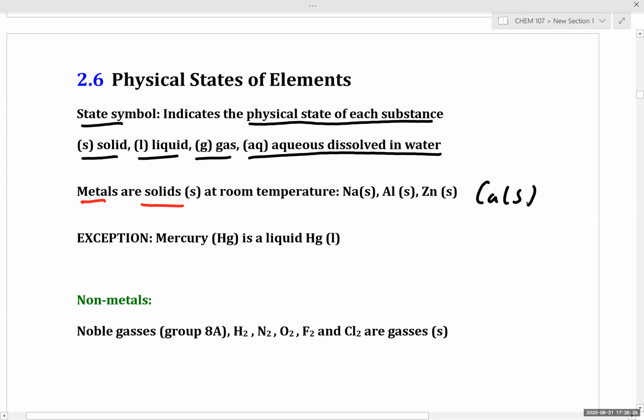The way I know to write calcium as calcium solid is because metals are first and foremost atomic elements. They have one atom as part of their chemical formula, and metals are solids at room temperature. The only exception is mercury, where mercury is a liquid.